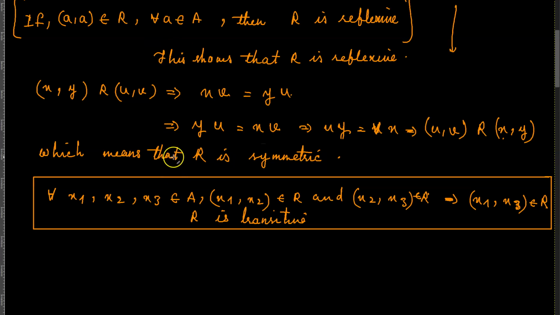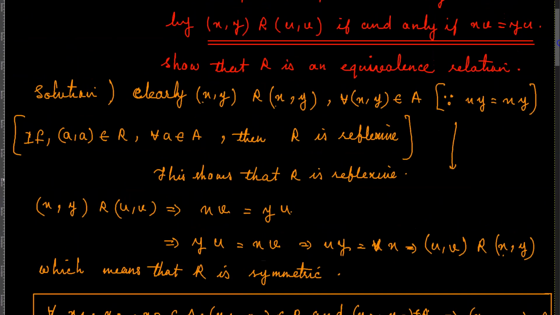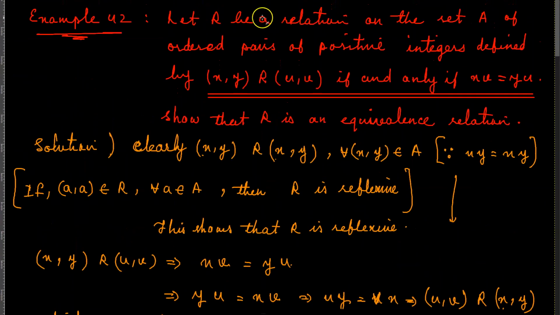So now over here, let R be a relation on set A of ordered pairs of positive integers defined by this.